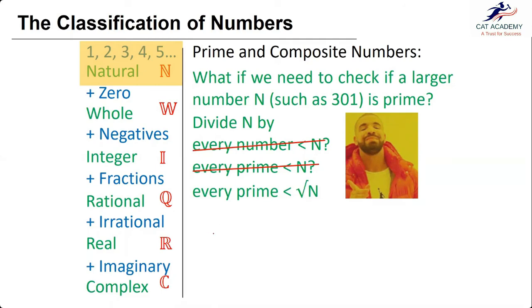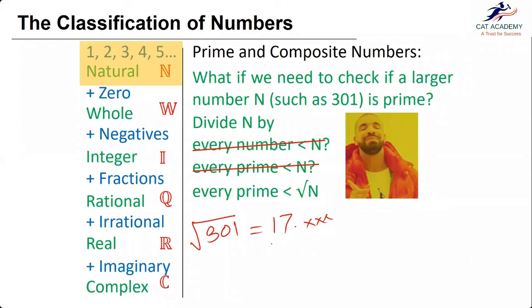Example, say 301. So if I check approximate square root of 301, what will that be? What will be the approximate square root? Near about 17 point something it will be.